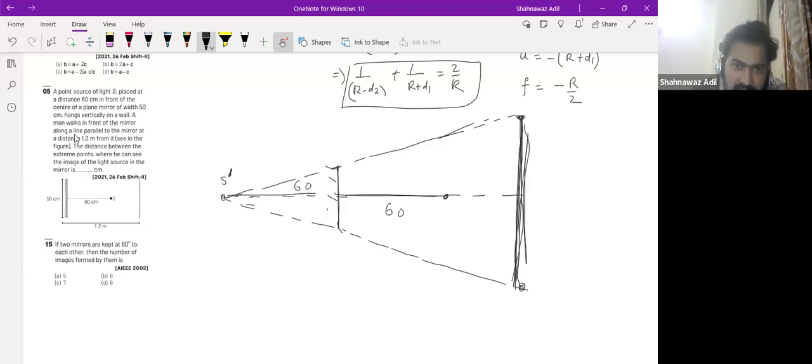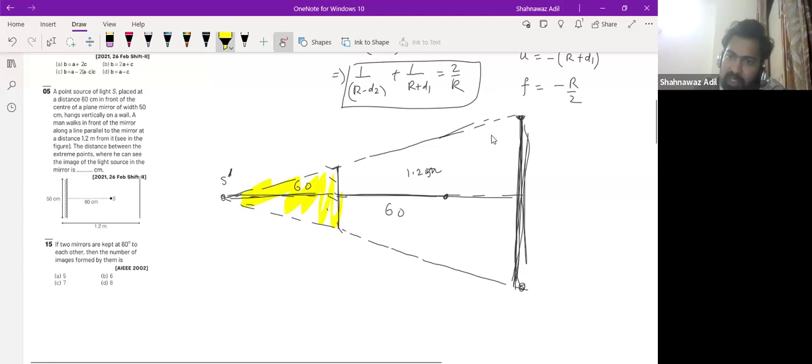They have given that a man walks in front of the mirror along a line parallel to the mirror at a distance of 1.2 meter. This is 1.2, right? Then you change it to centimeters. You use similarity of triangles, this smaller triangle and then the bigger triangle.